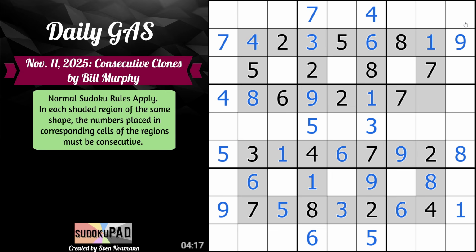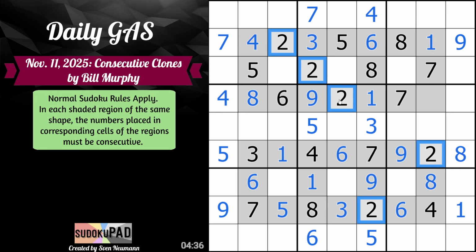Then, what is this? 1, 2, 9, right? It's not going to be resolvable here. What am I missing? Might need to just do our lazy man's method here.